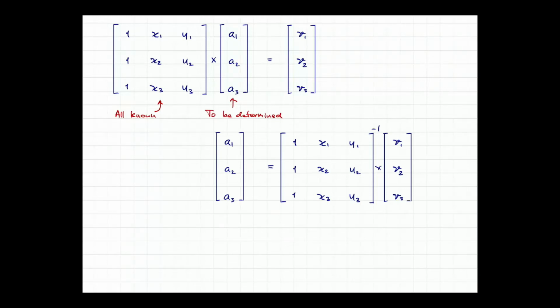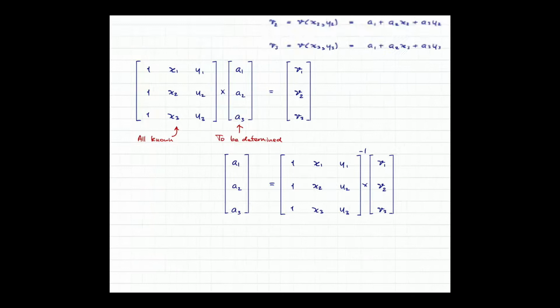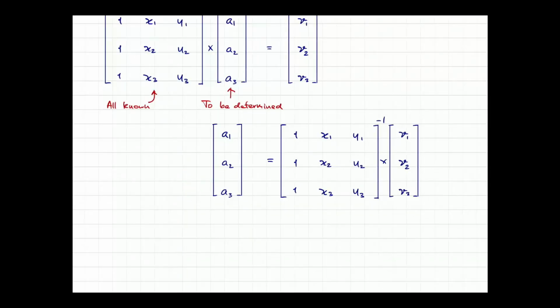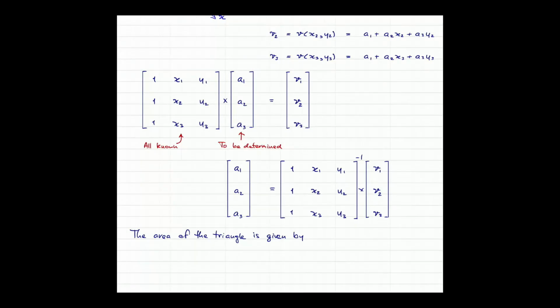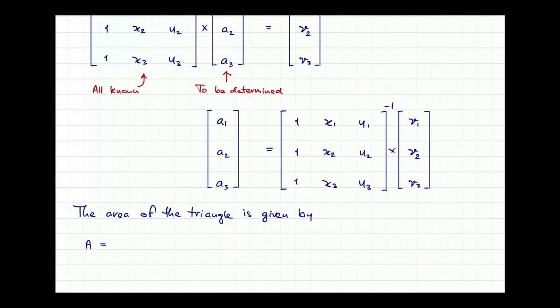first of all, the area. The area of the triangle is given by A is equal to the absolute value of a half.